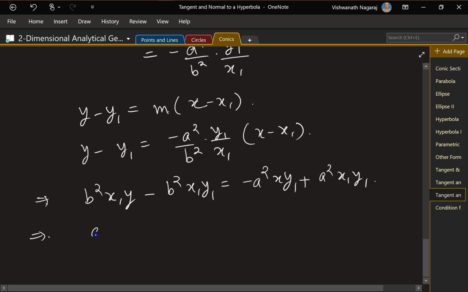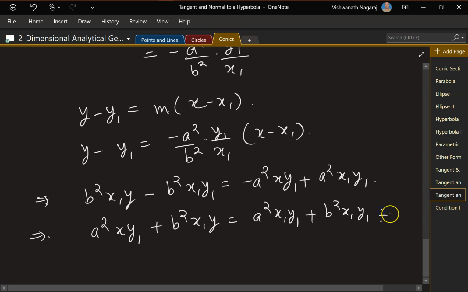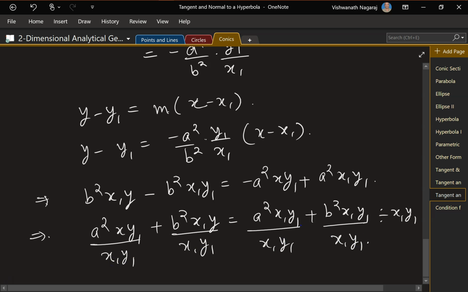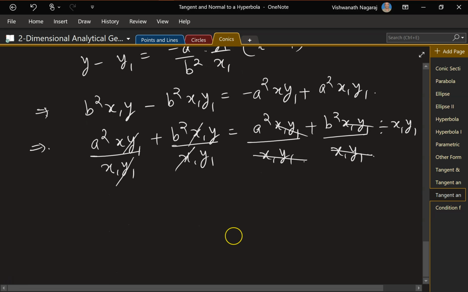Okay, so a squared x y1 plus b squared x1 y is equal to a squared x1 y1 plus b squared x1 y1, divided by x1 y1. So y1 disappears, x1 disappears, x1 y1 both disappear.